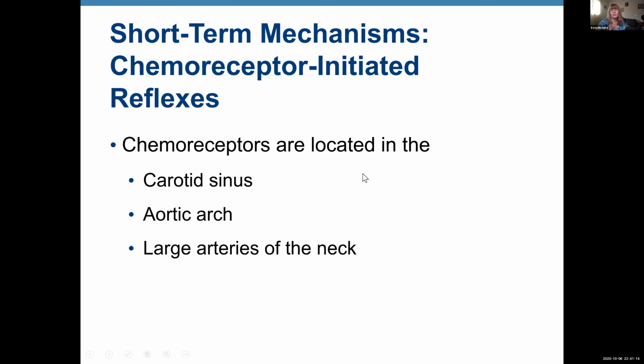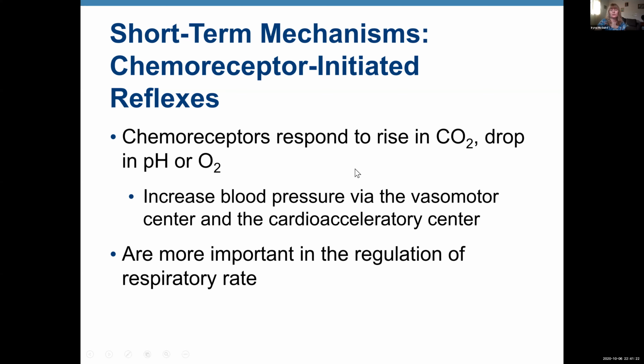Chemoreceptors are located in a similar area: carotid sinus, aortic arch, large arteries of the neck. Chemoreceptors respond to a rise in carbon dioxide, a drop in pH, and a drop in oxygen. pH going down means your blood became more acidic, with low oxygen or too much carbon dioxide. Then these receptors act through the same vasomotor center and cardio-acceleratory center.